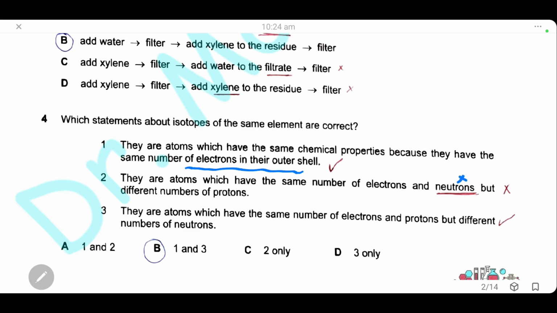This is wrong because they don't have the same number of neutrons and have a different number of protons. This is also wrong. They are atoms that have the same number of electrons and protons but a different number of neutrons. This statement 3 is correct because this is the definition of isotopes. So statements 1 and 3 are correct, and the answer will be B.